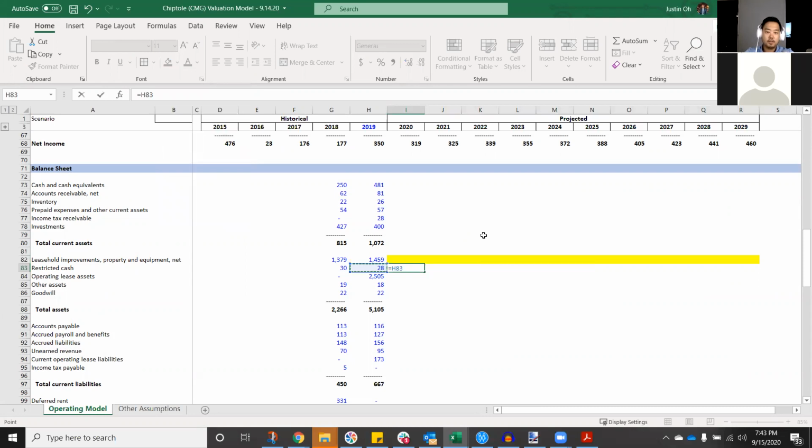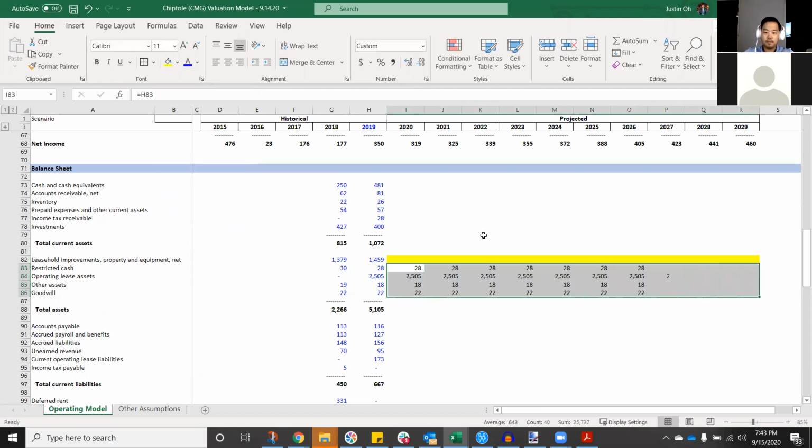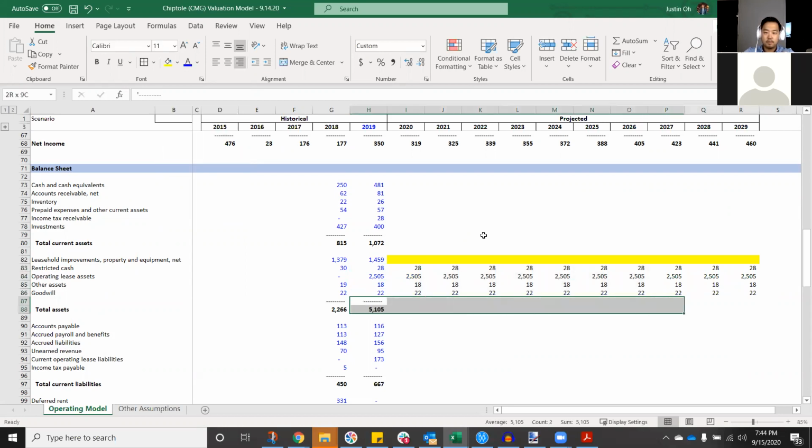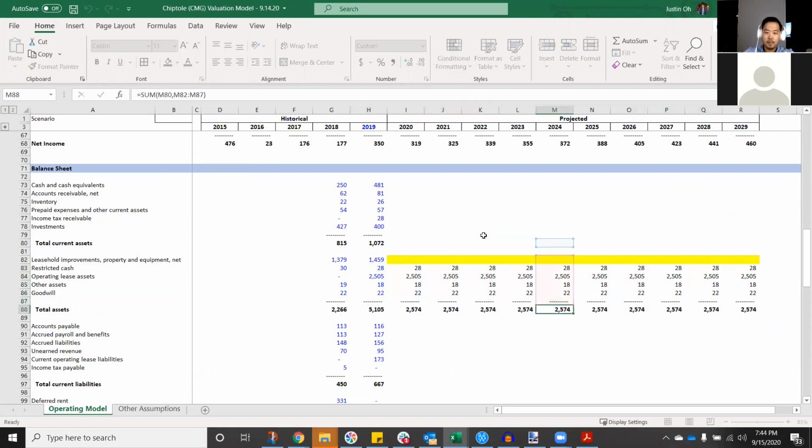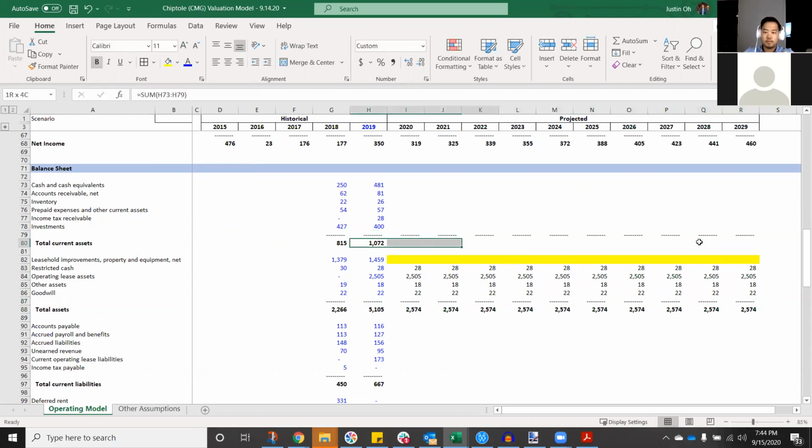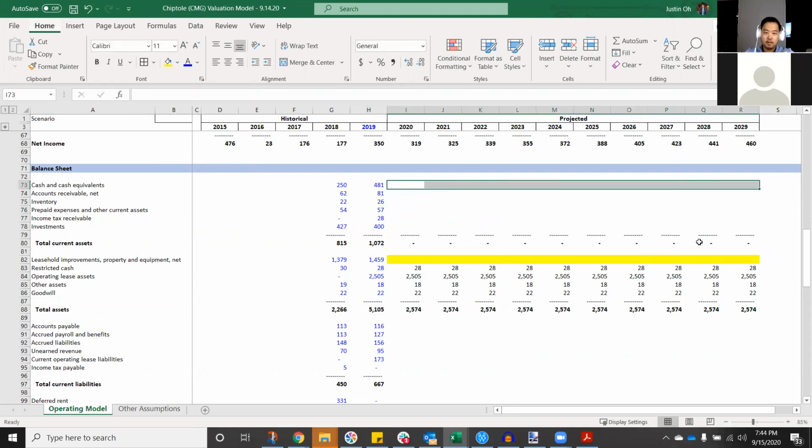And just keep these the same. And what we can do now, so we're going to come back to cash too. Remember, we deleted that.